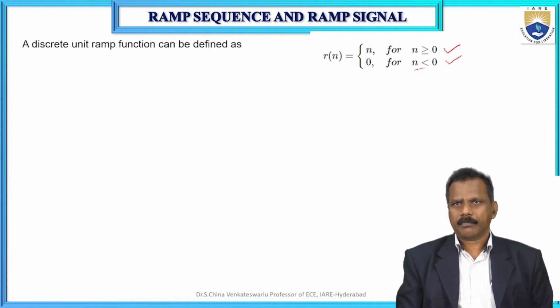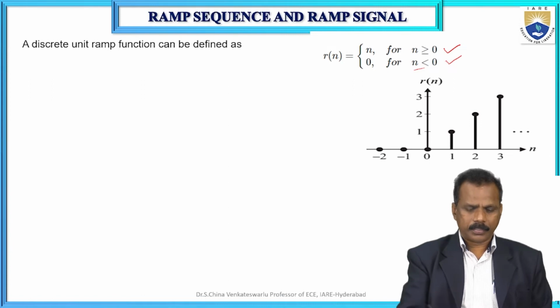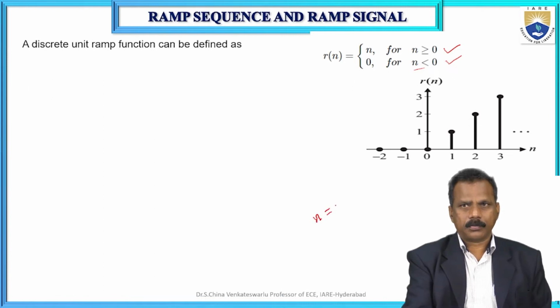Substituting the n values, small n is equal to 0, 1, 2, 3, 4, 5, 6 and so on, for n greater than or equal to 0.